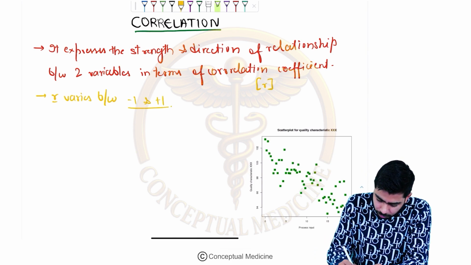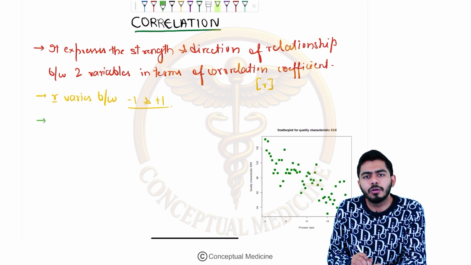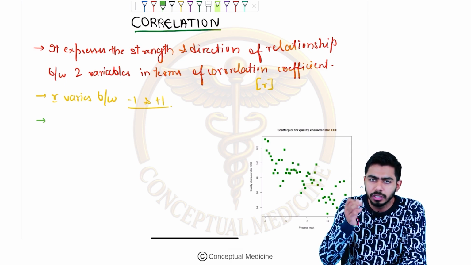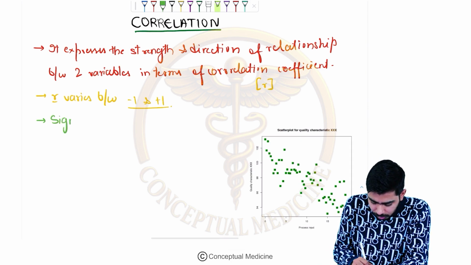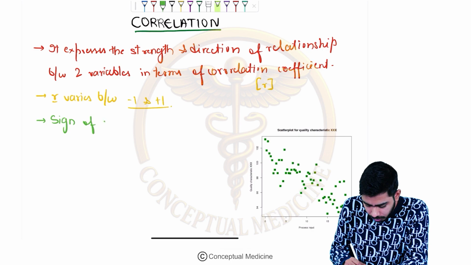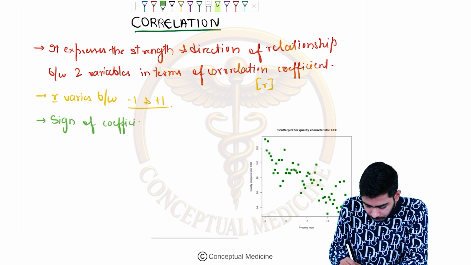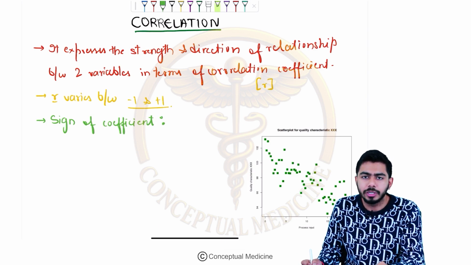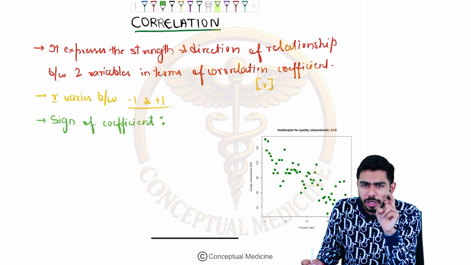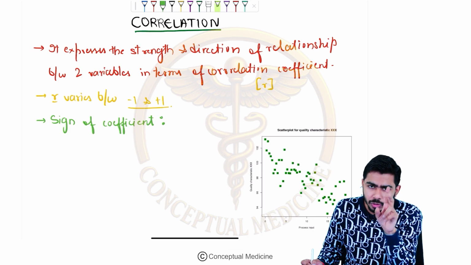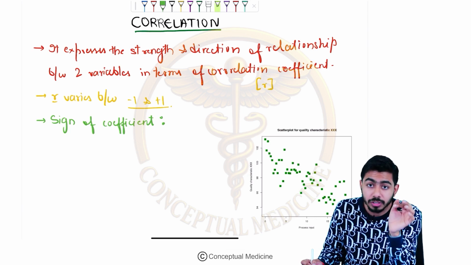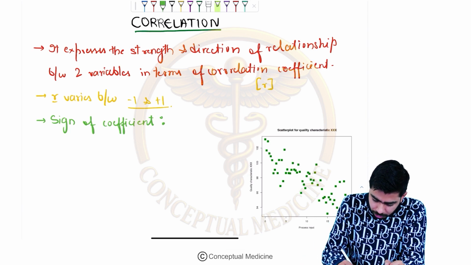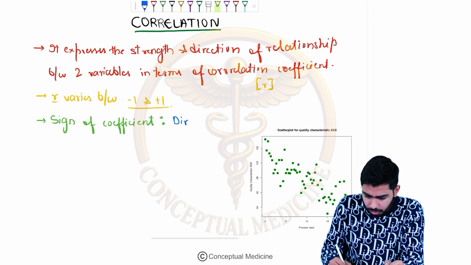One more thing over here: we are talking about the correlation coefficient, and the symbol we are using is small r, right? Now two things I am telling you. One is the sign of the coefficient. The sign of the coefficient is telling us about the direction of the relationship. I told you what kind of things we are talking about: either direction or strength. So the direction will be known by the sign of the coefficient, direction of relationship.